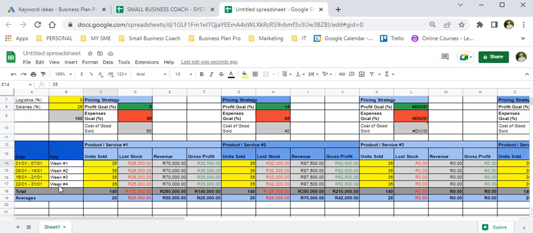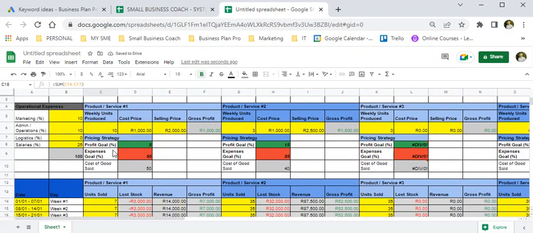So I'm going to say 6 in week 1, 7 in week 2, 6 in week 3, and let's say, let's make it 7, 7, and ultimately 9. That brings me to my 30 pairs of shoes.